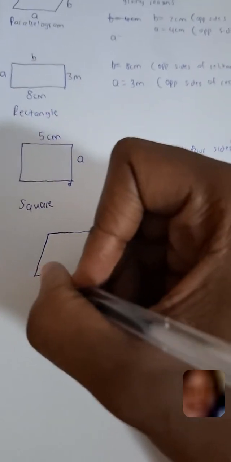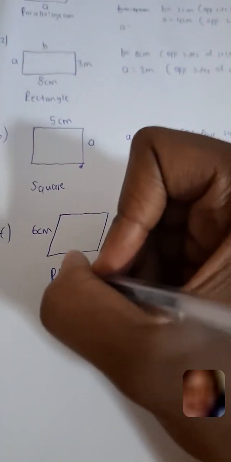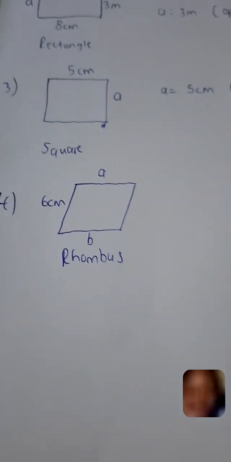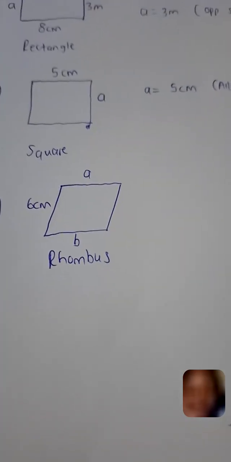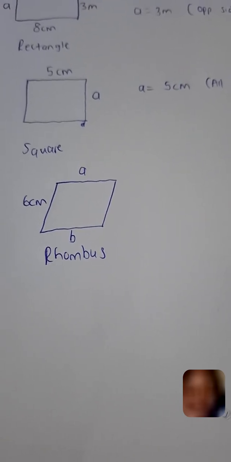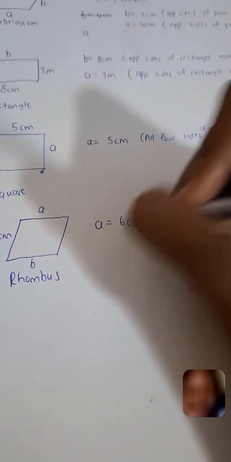Let's look at this one. This here is a rhombus. Mr. Rhombus here, A and B. A is equal to 6 centimeters.